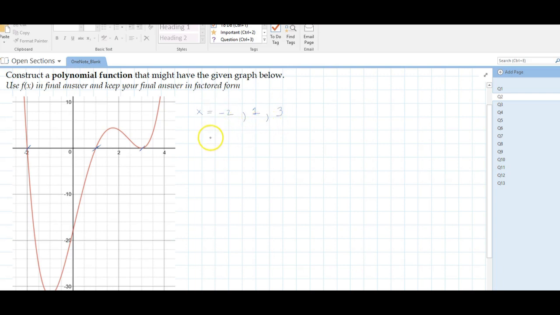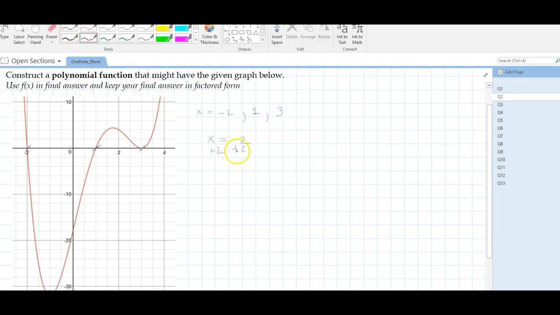So from here, we are going to take each one back, as if we were factoring. We add 2 to both sides. This cancels. Now we have x plus 2 equals 0, and that is the same as having x plus 2 in parentheses. We do the same thing with the 1.